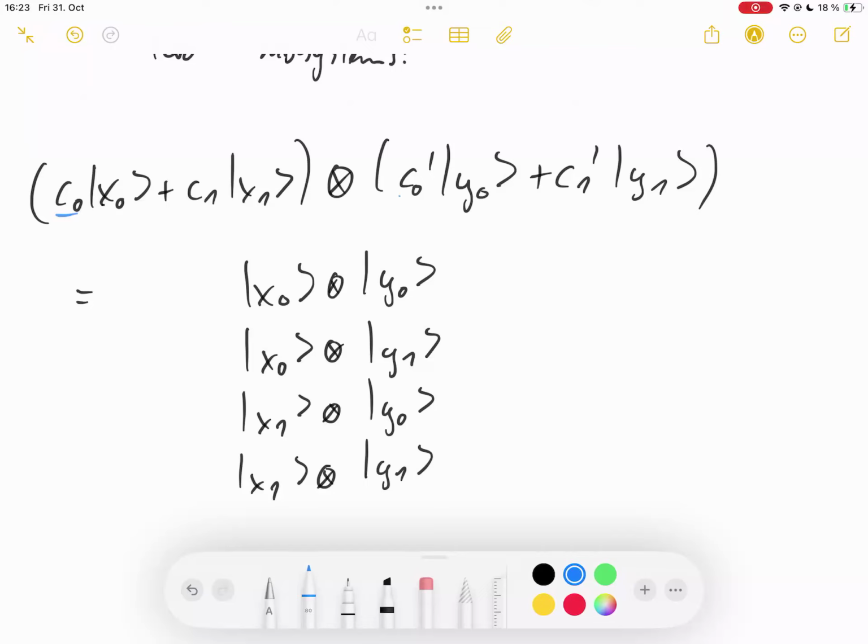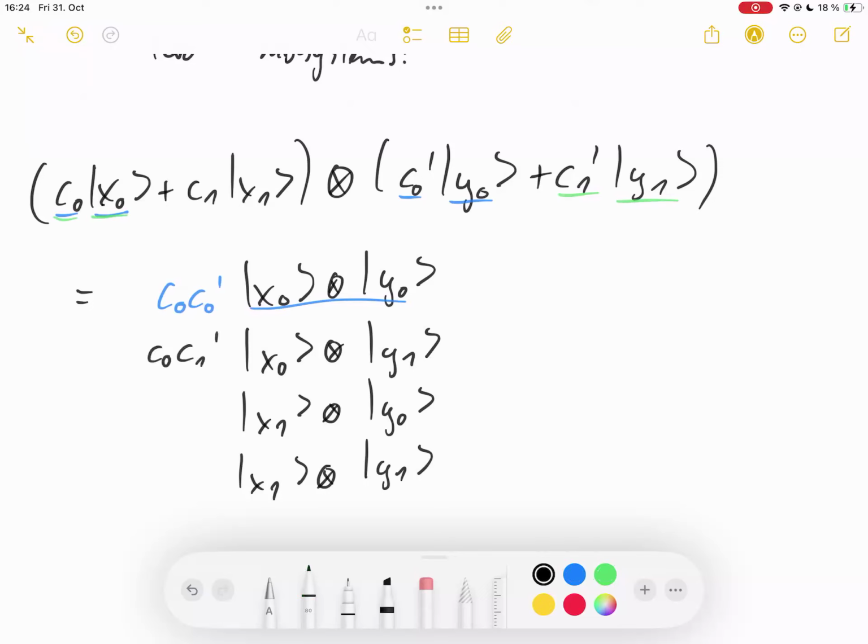So C0 with C0 prime, because we have here X0 and Y0. We have the X0 and the Y1, so C0 and C1 prime.